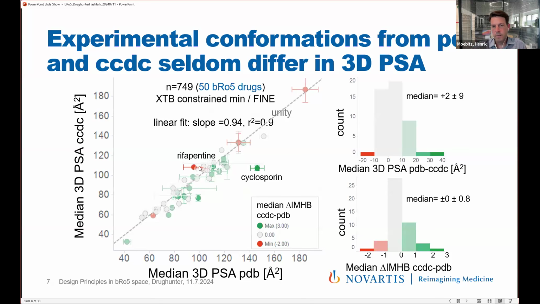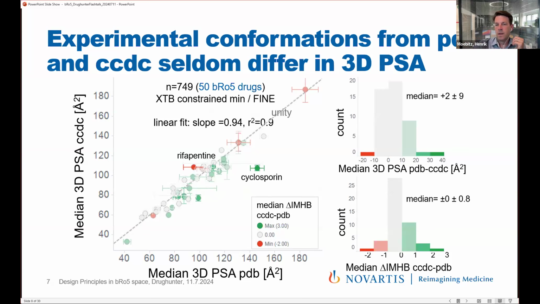Here we're looking at the medians of 50 beyond rule of 5 drugs that were present in both databases, again color-coded by the differences in intramolecular hydrogen bonds. You can see here that most compounds don't have a big difference.